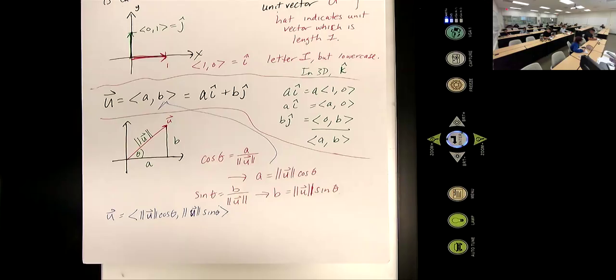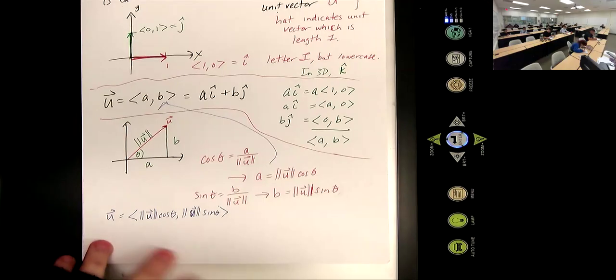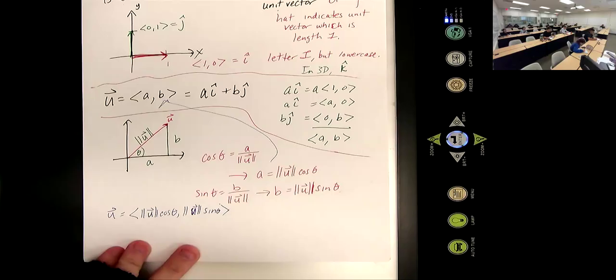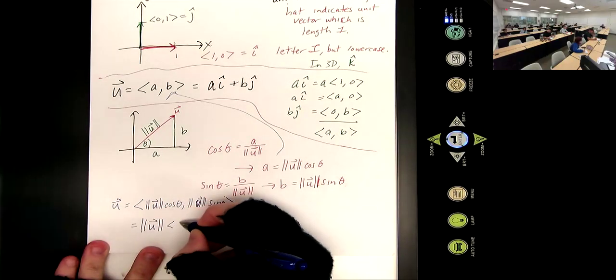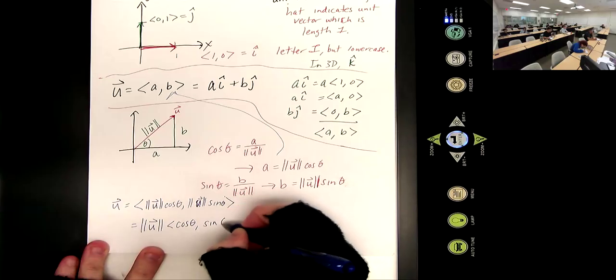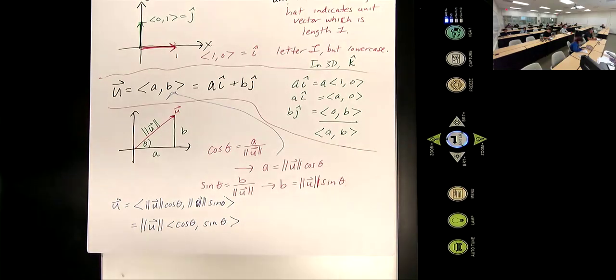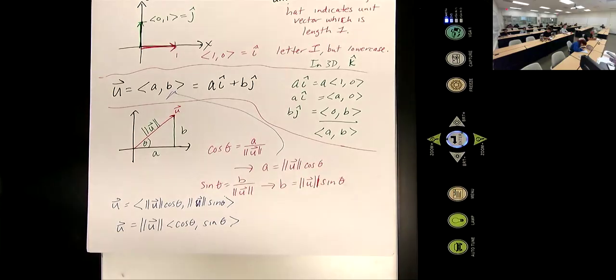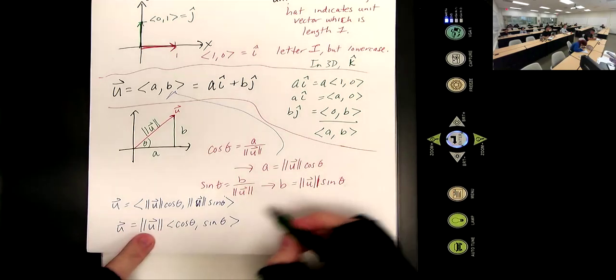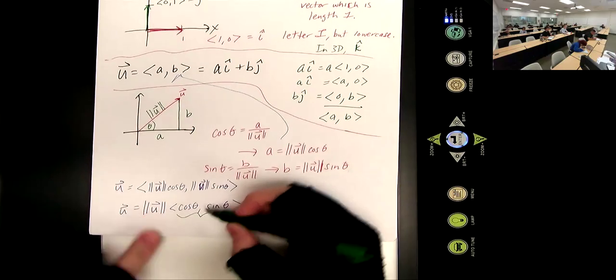This is actually a handy form because when the same constant is in both of them, we can factor it out. This is that k times vector u thing we had. I can write this as the magnitude of u times ⟨cosine theta, sine theta⟩. Why is that a handy form? Take a look at it. Ignoring the magnitude of u, what's this magnitude?